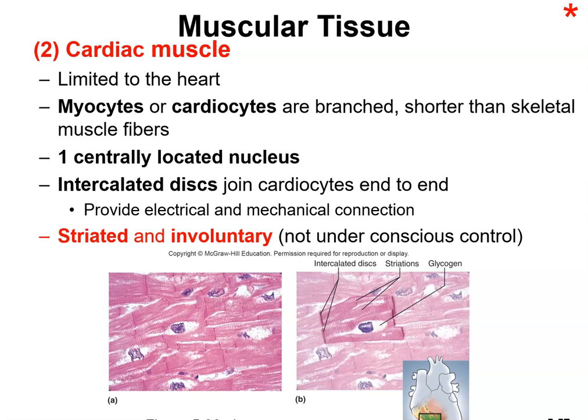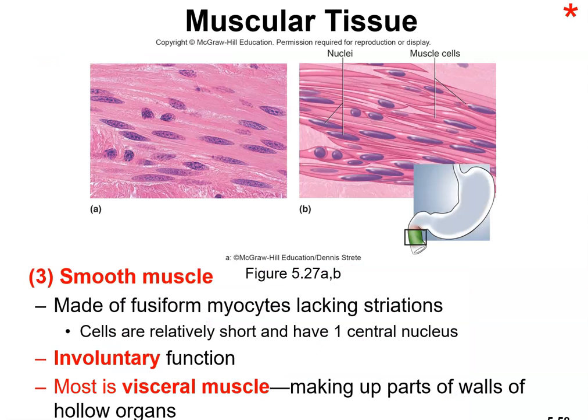However, the movement of cardiac muscle is involuntary, which means the contraction of our heart is on all the time. The third type of muscle is called smooth muscle. Smooth muscle does not have any striation. Each cell is randomly distributed.